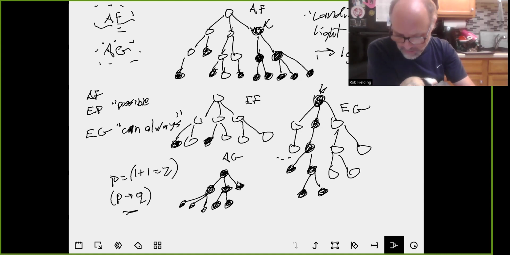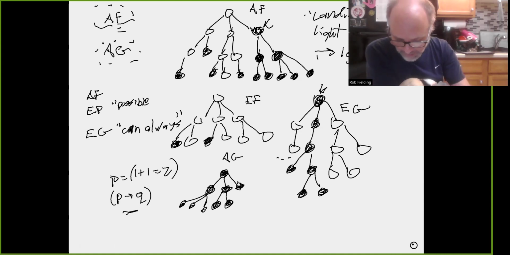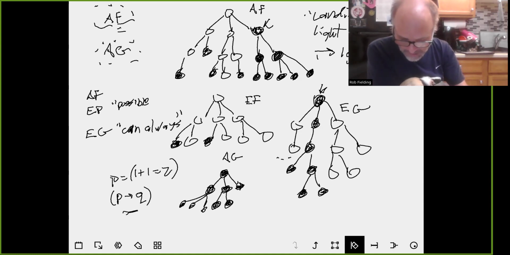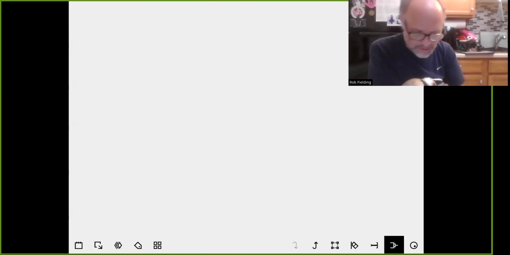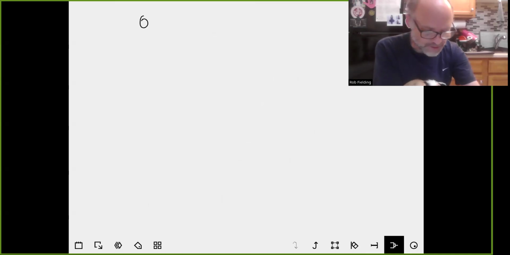In any case, the reason why I'm so interested in modal logic is that you end up in a situation where you can define a software system as a set of communicating Markov chains. What I mean by that is there's probabilities on things, and they all add up to 1 going out of a state.